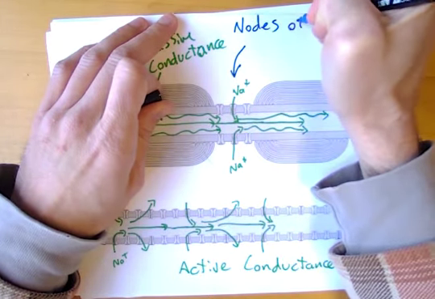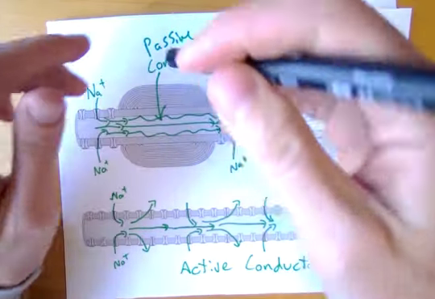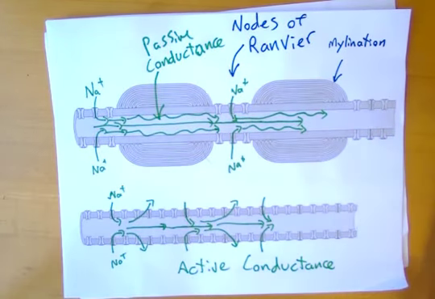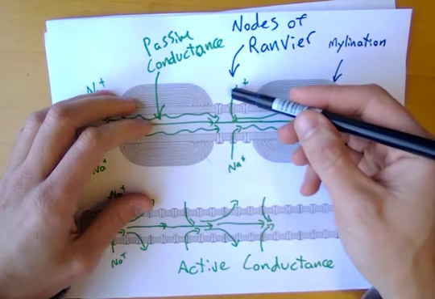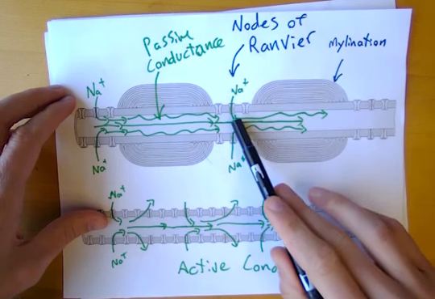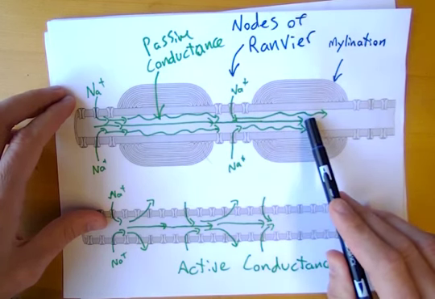I think for the longest time I was mispronouncing them, just because I'd never heard anyone say it before, or at least I wasn't paying attention, but in fact it is the nodes of Ranvier. And so at these nodes we get a little supplementation of our conductance, right? So this would be an active conductance here and a passive conductance where it's myelinated.